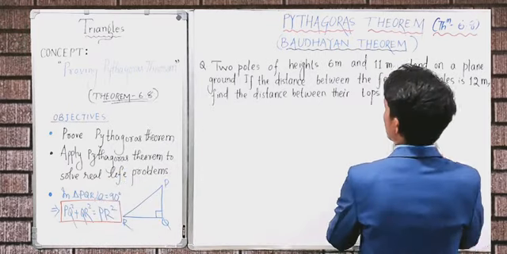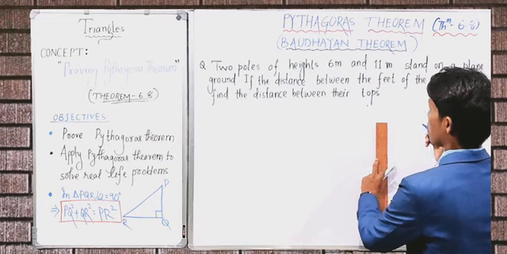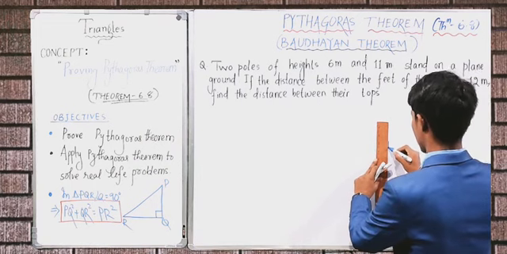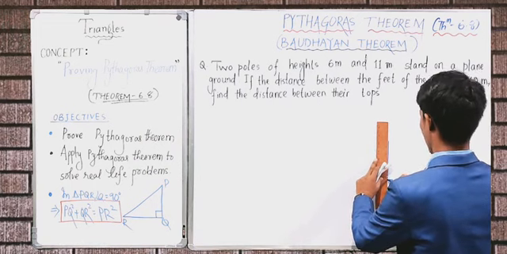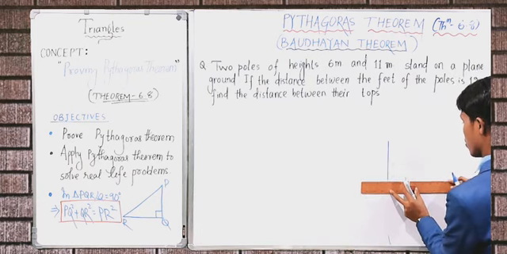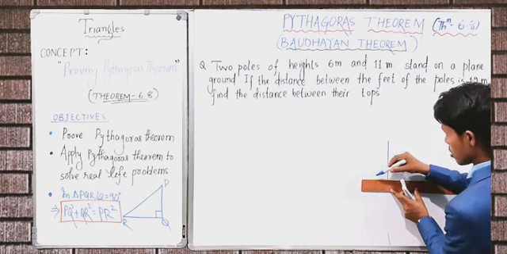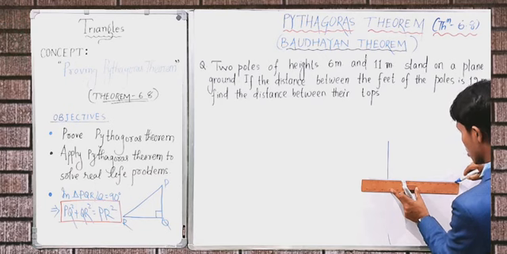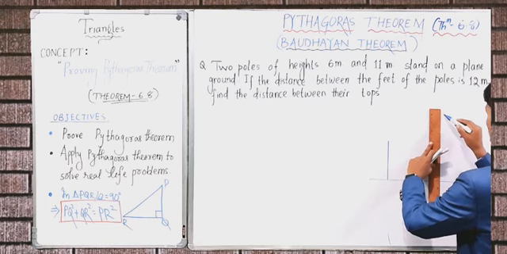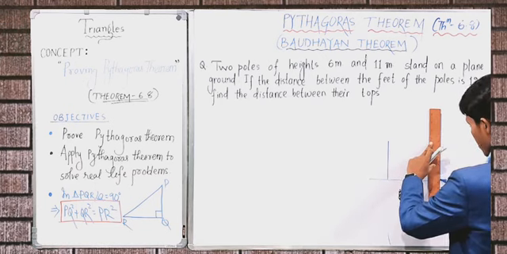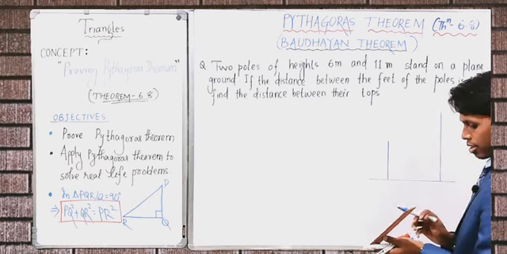It says there are two poles of height 6 meter and 11 meter. So let's draw the diagram. Say this be the ground, and this is a pole of 6 meter, and another pole be of 11 meter.